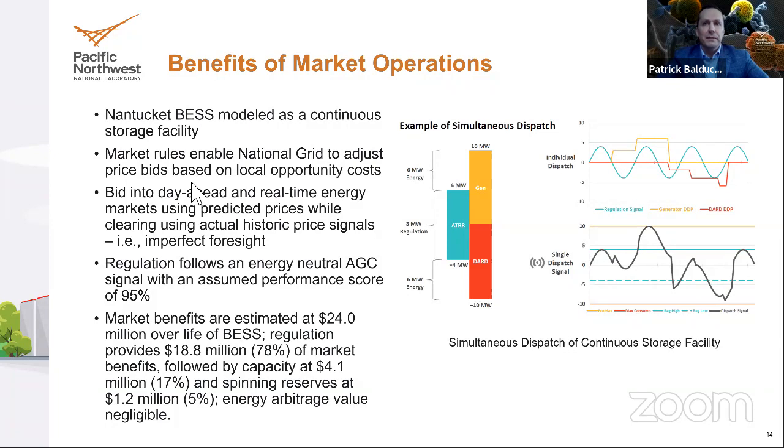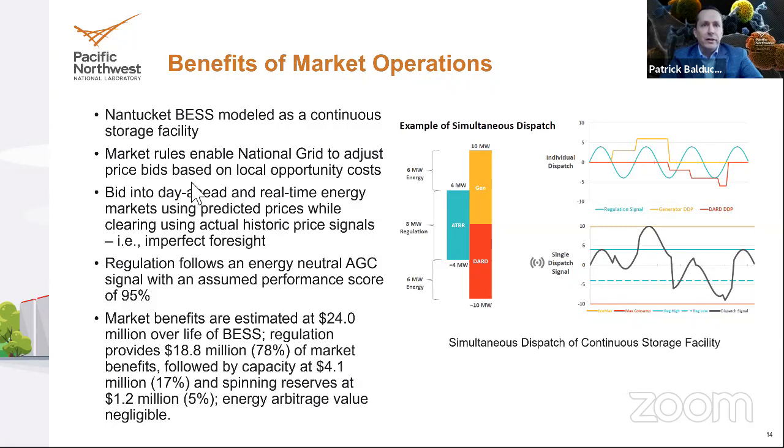The other thing we did on the regulation side is we didn't assume perfect performance, and we also didn't assume perfect foresight with respect to market prices on the energy and the frequency regulation side. So we used a statistical analytical technique called the gradient boosting machine method to predict prices.